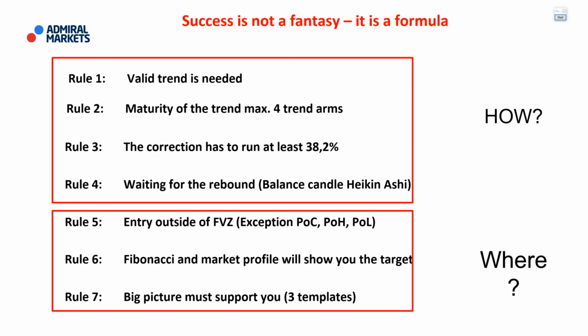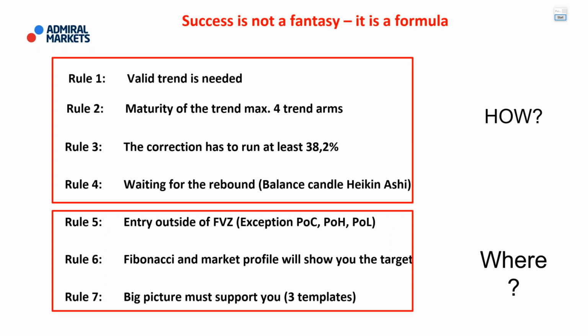You always need the surrounding, the outlook about the big picture: where you are, where the big money is placed, where the big money wants to go, and so on. Outside of the fair value zone, of course, we use Fibonacci and the market profile. And rules number 1 to 4 are how you can get inside the market.